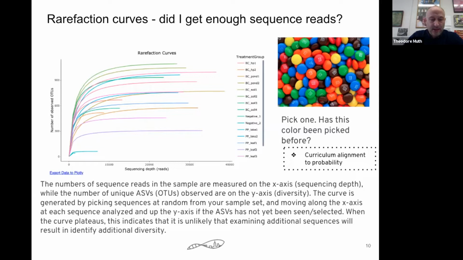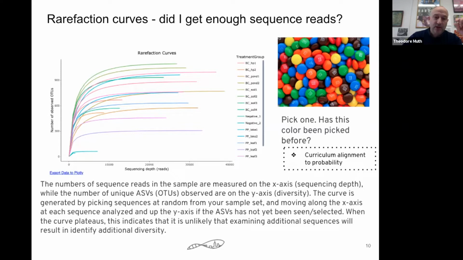The one thing that I'll take a minute to note here is you may have seen when you're looking at these files that in this case, the y-axis is labeled as operational taxonomic units, and you might also see ASVs, which are amplicon sequence variants. They're pretty similar. The newer outputs use ASVs, the older outputs use OTUs, and essentially they're shorthand for the different taxa.